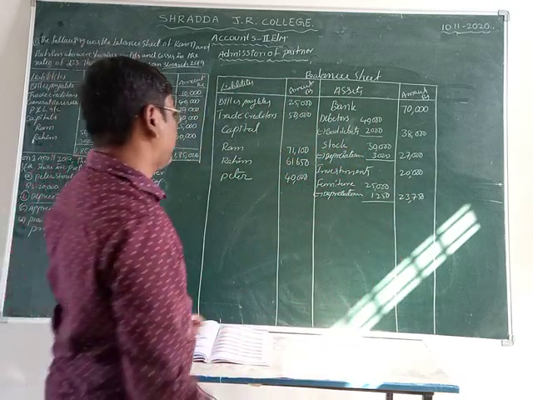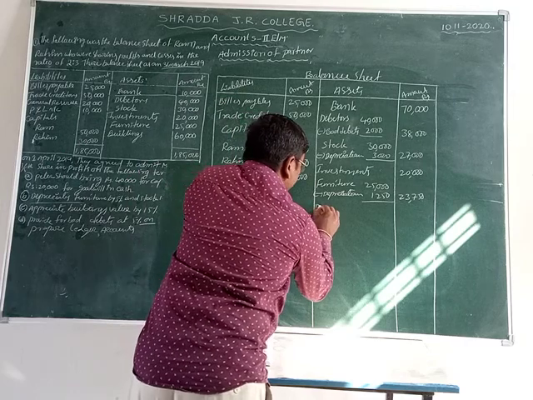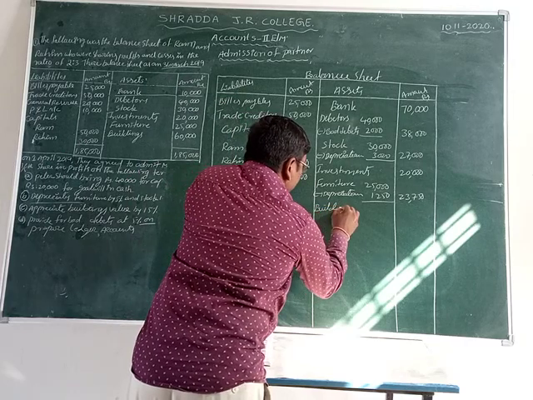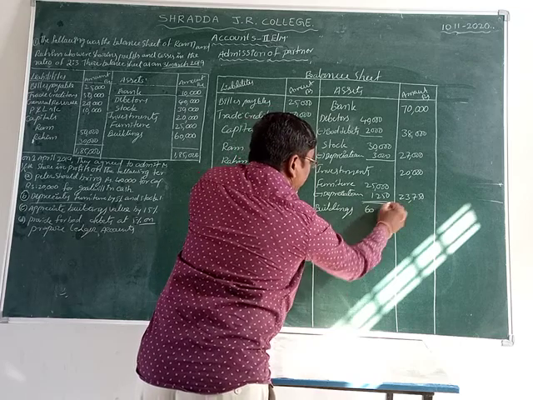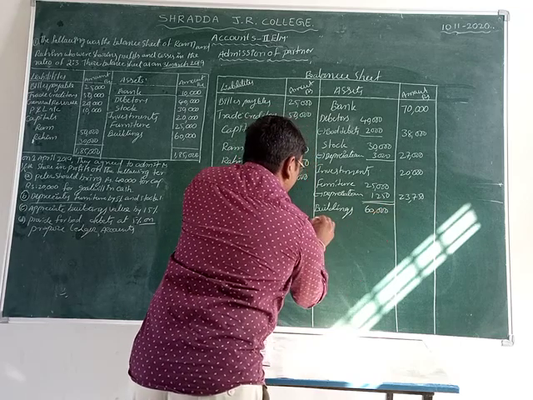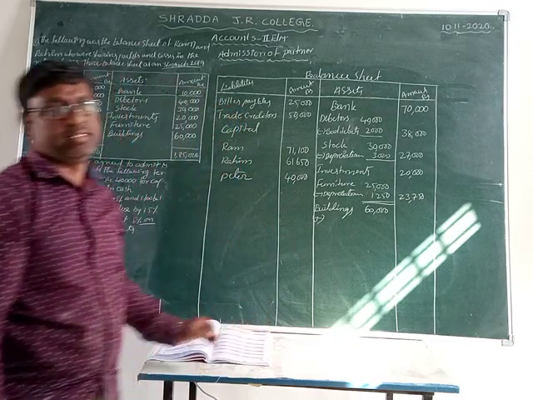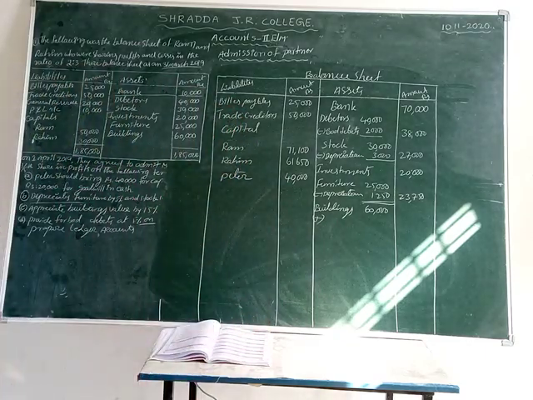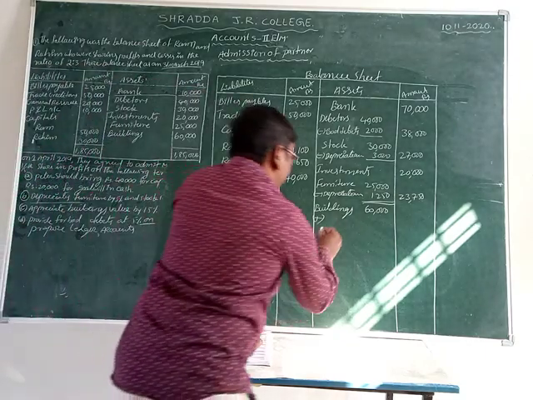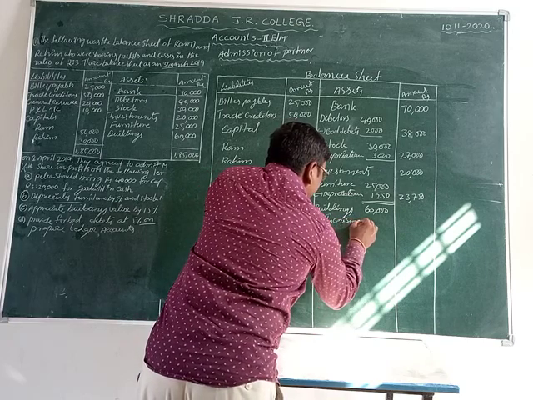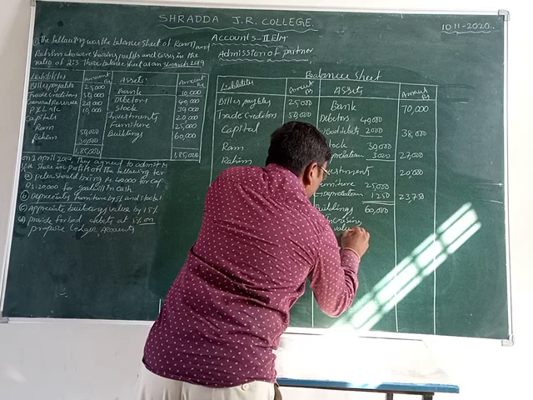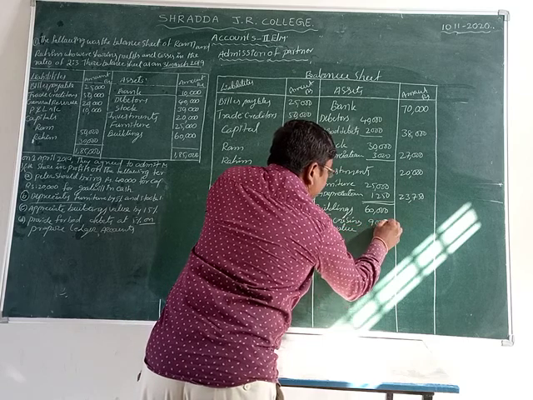Isn't it? Now finally buildings. What is the value of the building? 60,000. Plus, the building's value is increasing. How much value increased? 9,000. That's why plus increasing value, 9,000 rupees.